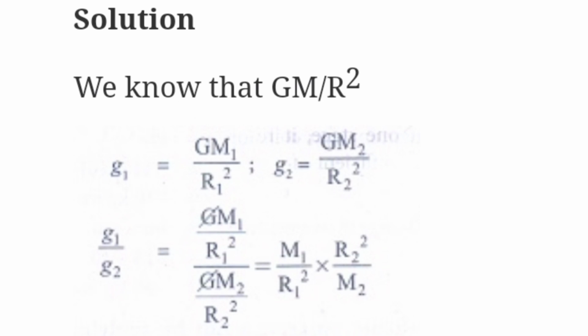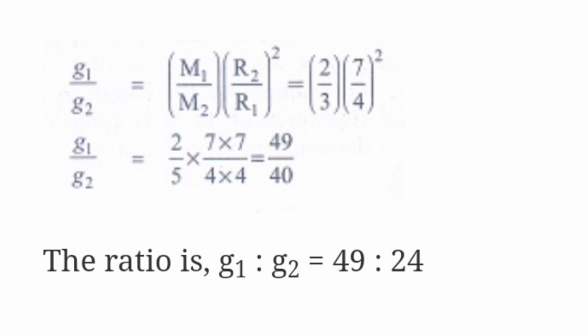Then g1 by g2 is equal to Gm1 by r1 squared into r2 squared by Gm2, which is equal to m1 by m2 into r2 by r1 whole squared, which is 2 by 3 into 7 by 4 whole squared, which is 2 by 3 into 7 into 7 by 4 into 4, which is equal to 49 by 24.